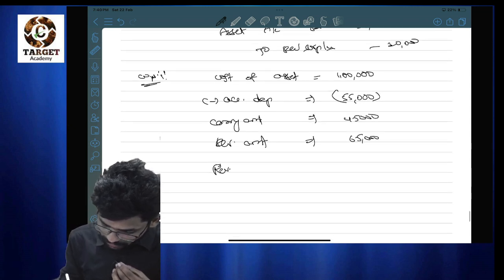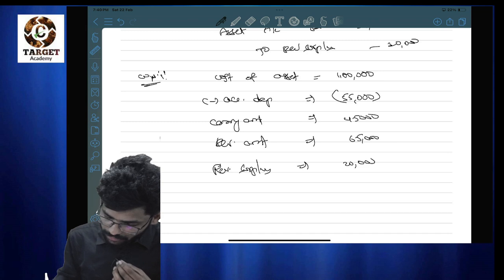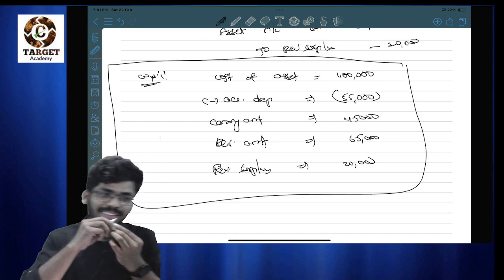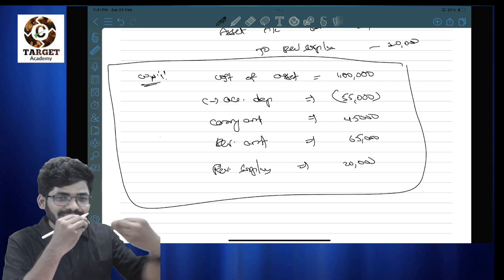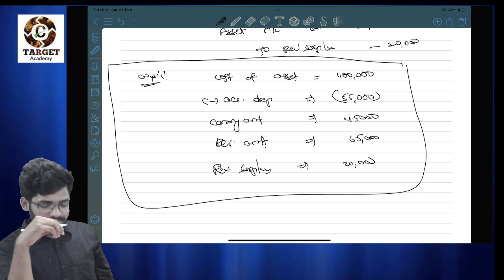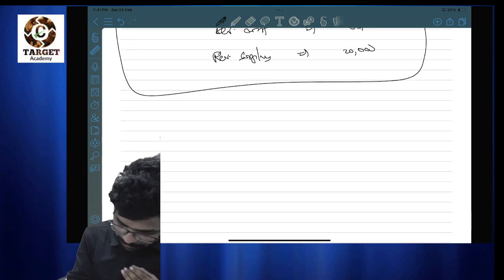So revaluation surplus 20,000. That's it. Easily they will get 3 marks, sorry, 3.5 marks. Damn sure. Next, coming to the restatement approach.